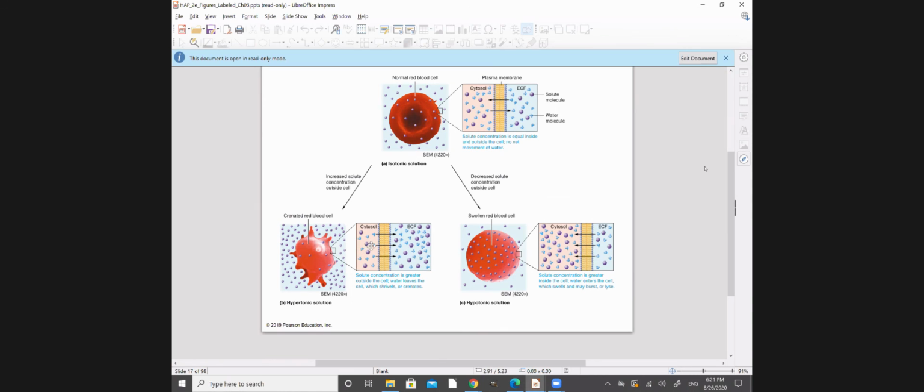And it will go through the membrane into the extracellular fluid, because it will try to dilute. Only water, only the liquid part, can move through. The cell itself will shrink because it will lose the volume of the cytosol, the fluid within the cell, because all the liquid will go outside, trying to dilute this part.